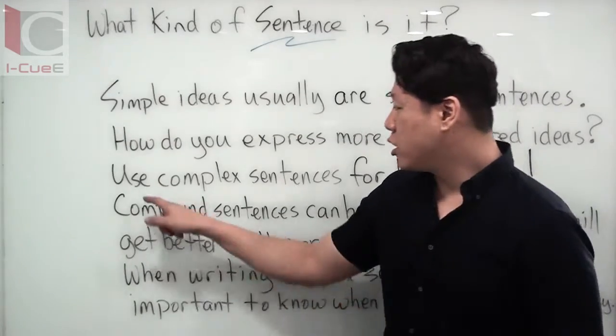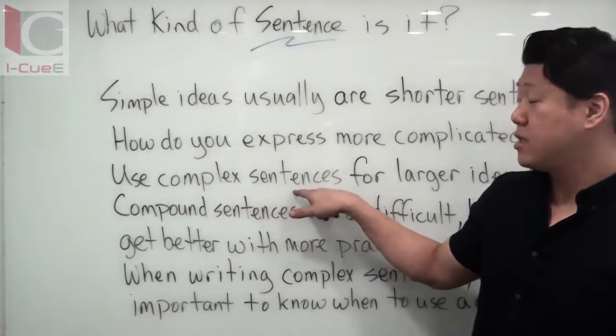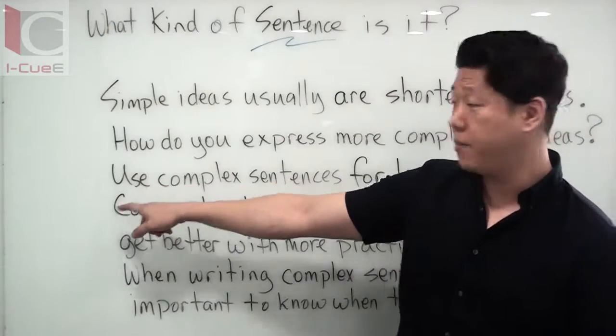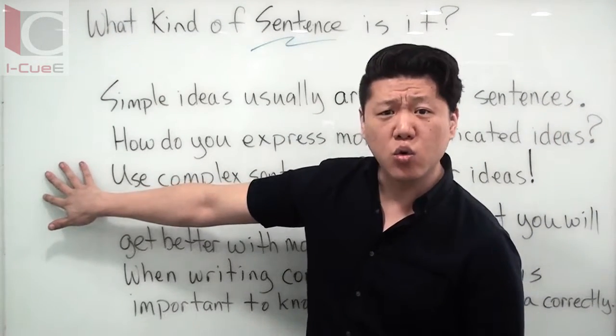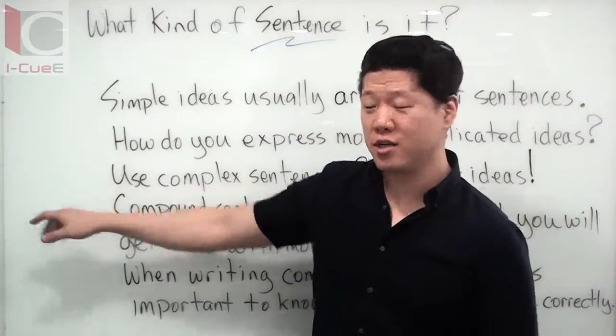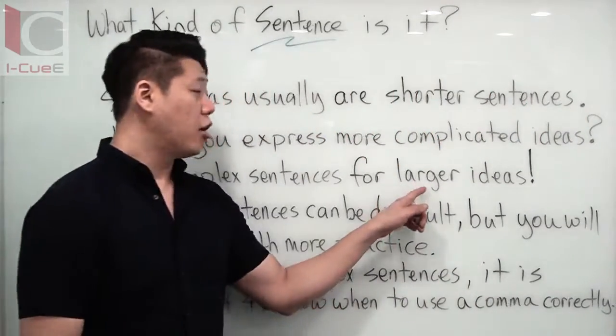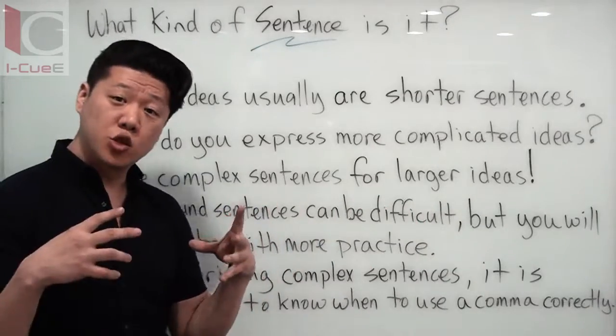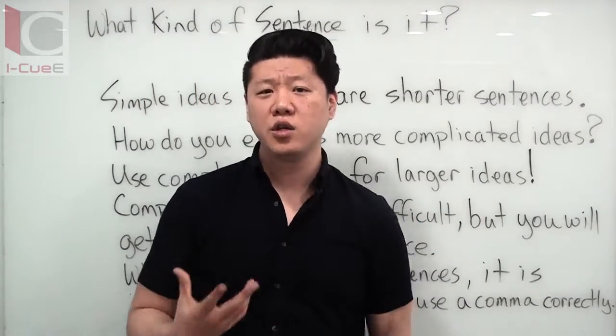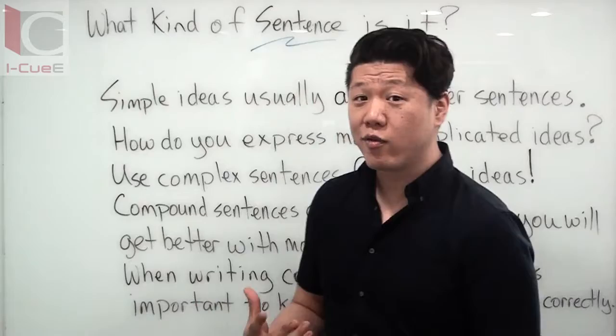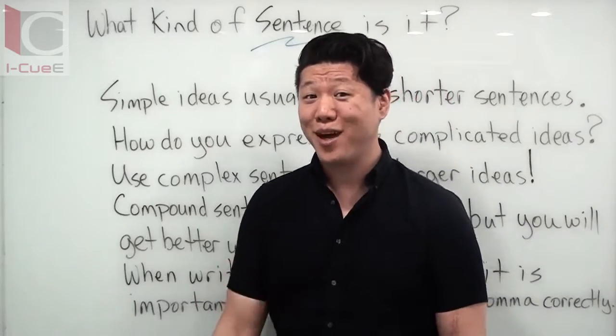So here, use complex sentences. I'm telling you to use them. What's my subject? You, or people, should use complex sentences, right, for larger ideas. Shorter ideas, simple ideas, you can use simple sentences. So we have, of course, our complex sentence and compound sentences.